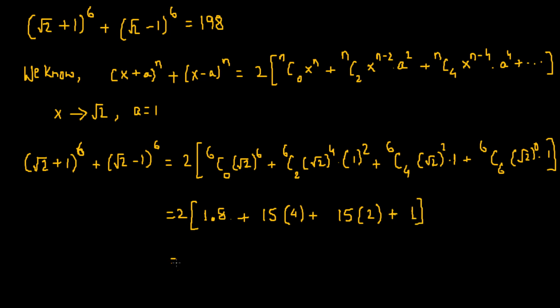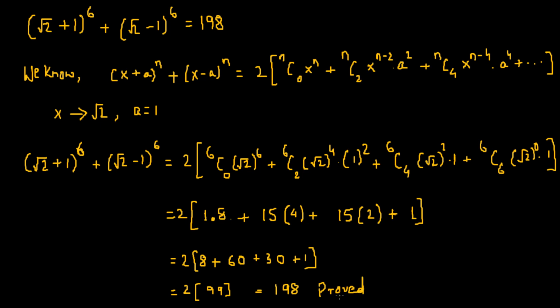So that should give us 2 times 8 plus 15 times 4 is 60, 15 times 2 is 30, 30 plus 1. So the final answer is 99, which equals 198. That's it. This is proved. So we were able to obtain the given expression.